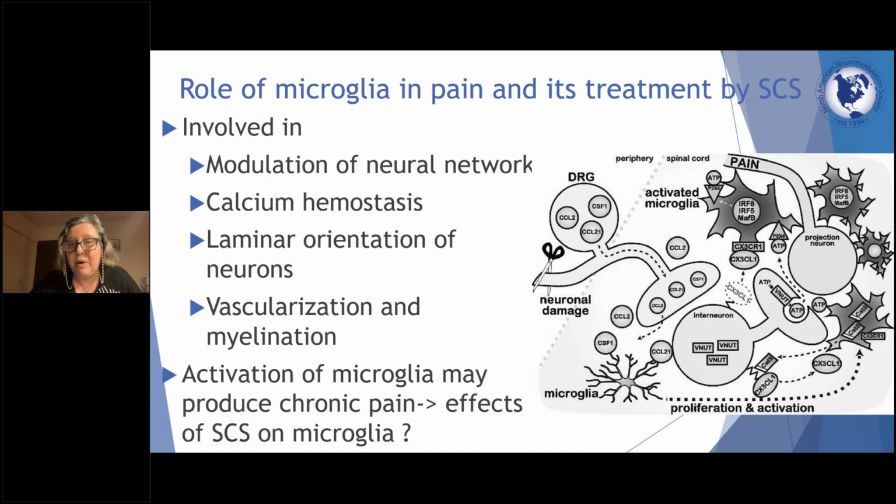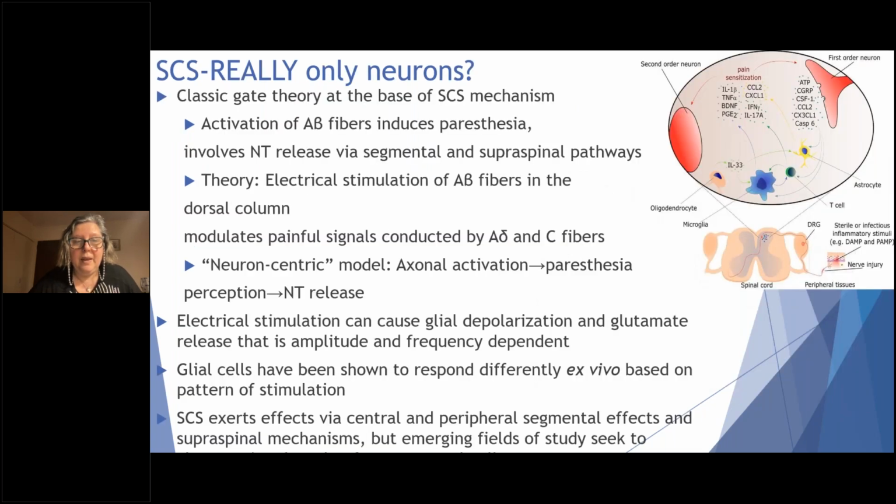So the question arises: if we apply electrical current to those cells, what do we actually do? Do we modulate the pain? Do we decrease the pain, or do we have no effect? As mentioned, our understanding of the classical mechanism of action for spinal cord stimulation is neurocentric, with axonal activation, paresthesia perception, and neurotransmitter release.